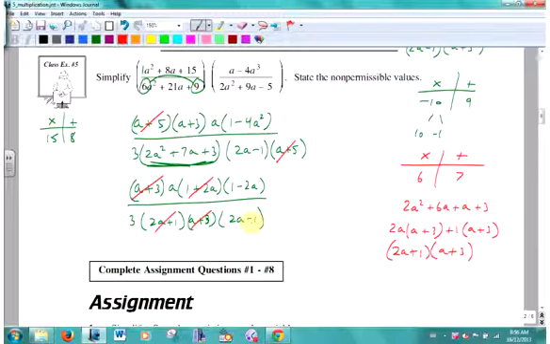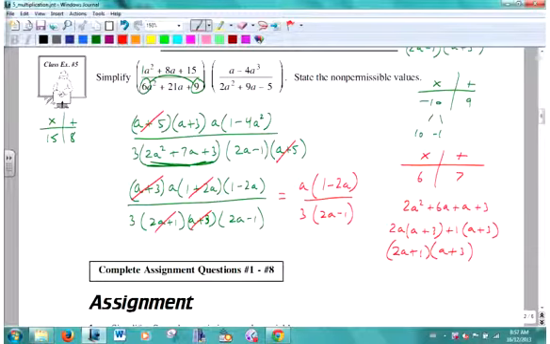No. Is there a trick to make them the same? Let's just rewrite it first. Okay, a times 1 minus 2a over 3 times 2a minus 1. Okay, that's what I got.